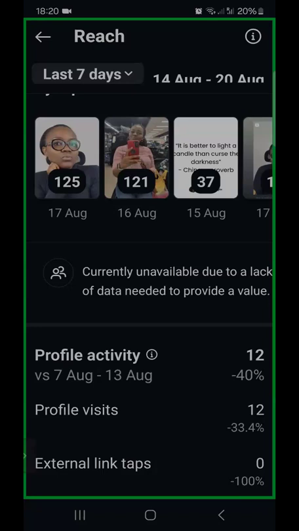So visits from seeing the posts, then engaging on the profile, and no external link tap, which means that I'm probably not using calls to action. So this is another way to think about the insights. If you have little to no external link taps, it means that you're not using calls to action, or you're not using the proper calls to action to get people to take action, click on your link in bio.